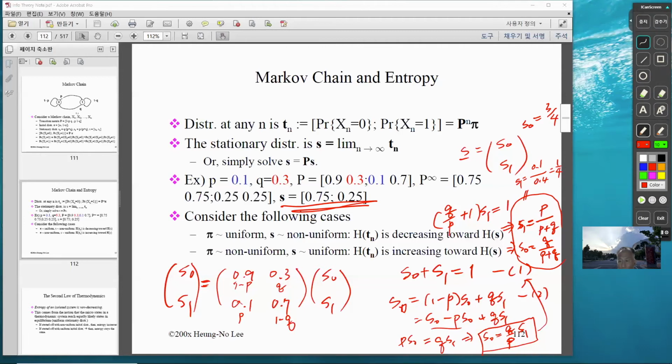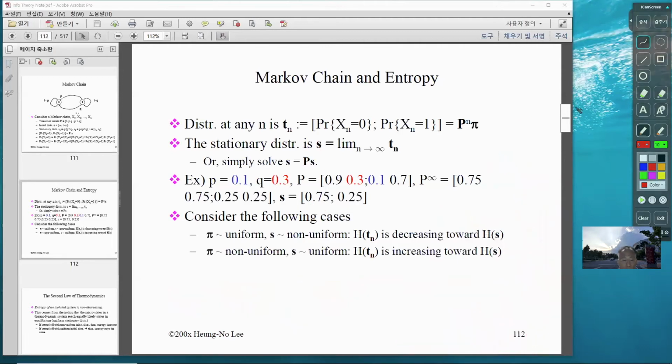Okay, clear it. And then we can talk about this thing now. We can consider pi uniform distribution. So pi we can let half and half. Okay, and then utilizing this setting right here, we can notice that entropy decreases toward the stationary distribution entropy.